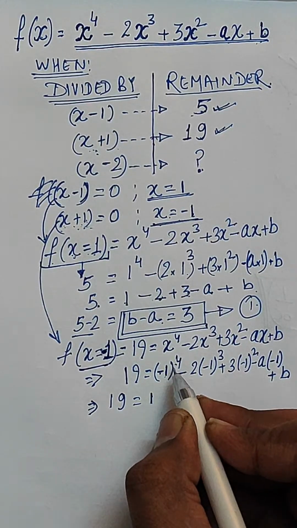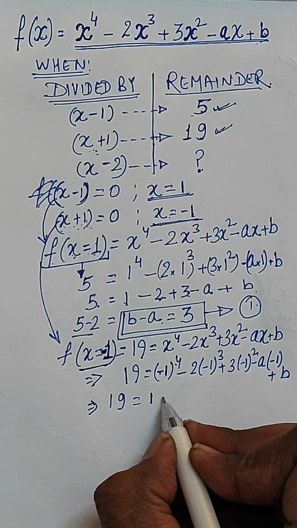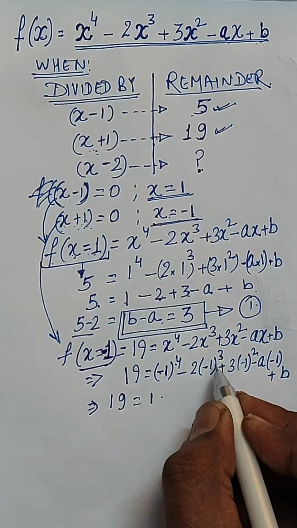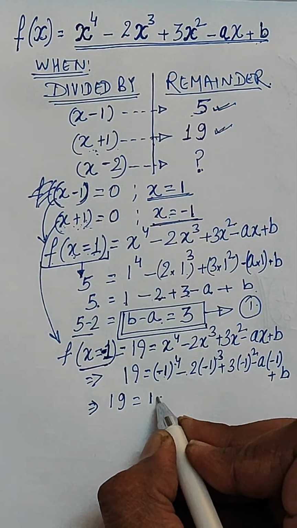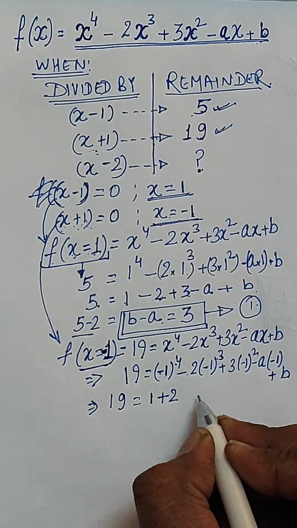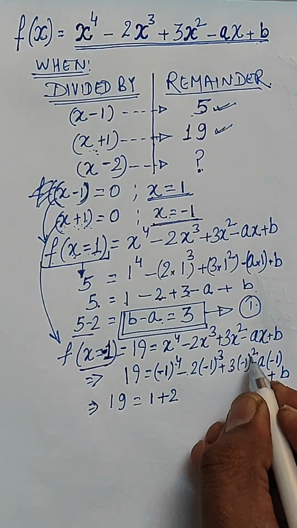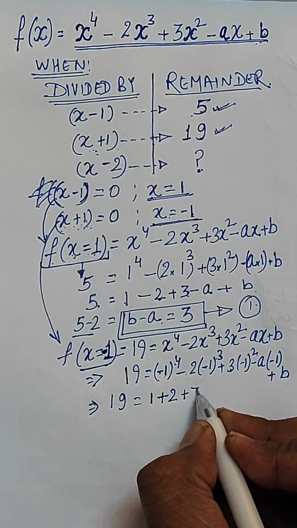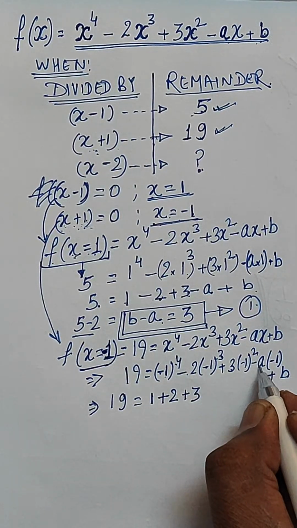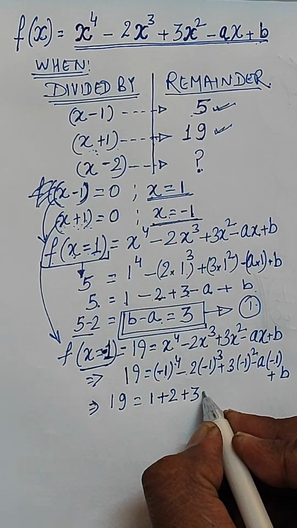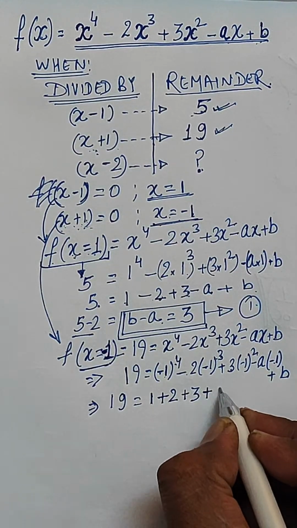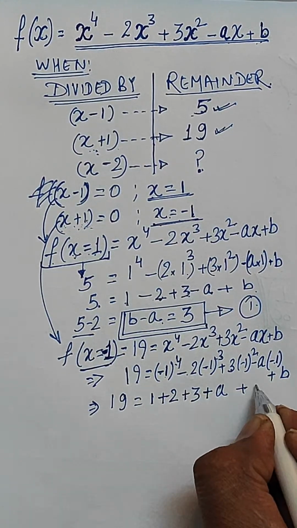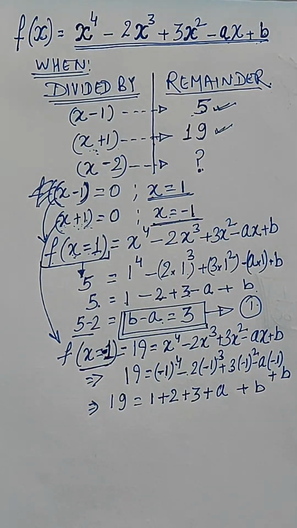Minus is multiplied an even number of times. Then again minus 1 cube is minus 1, into minus 2, that will be equal to plus 2. Then 3 into minus 1 square, this will become 3. Then minus a into minus 1, this will become plus a, and then into the last it's b, right?